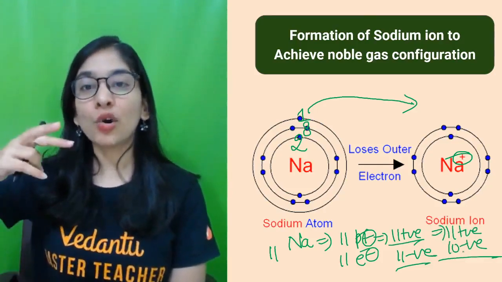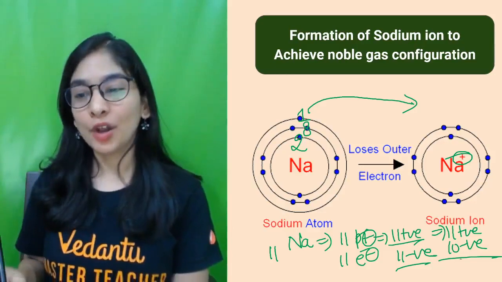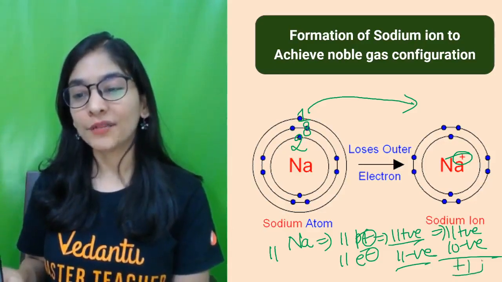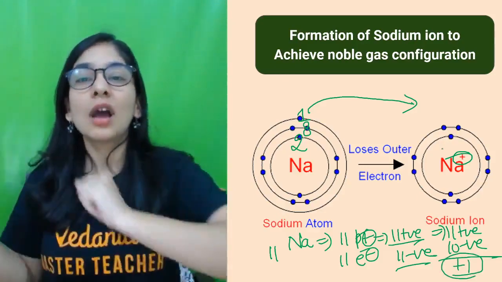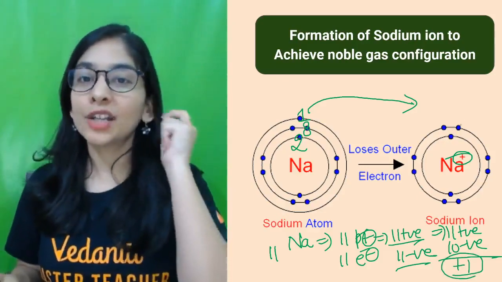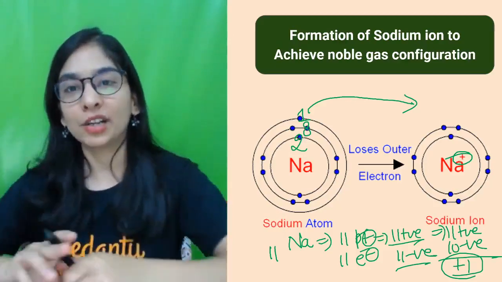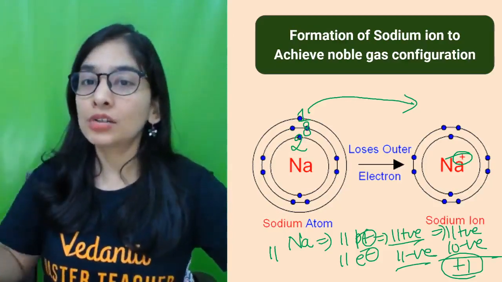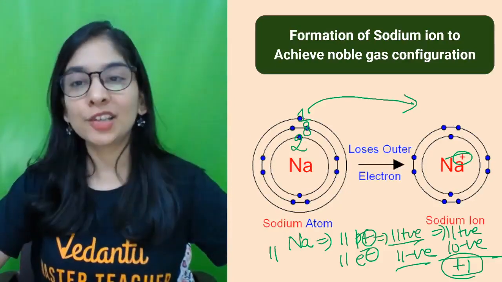So when you total, 10 negative and 11 positive, overall it will be 1 positive, right? After losing electrons, whatever the number of electrons lost, that much charge they acquire. So sodium plus 1 after losing 1 electron. If it has to lose 2 electrons, plus 2. If 3 electrons, plus 3. Is this point clear?